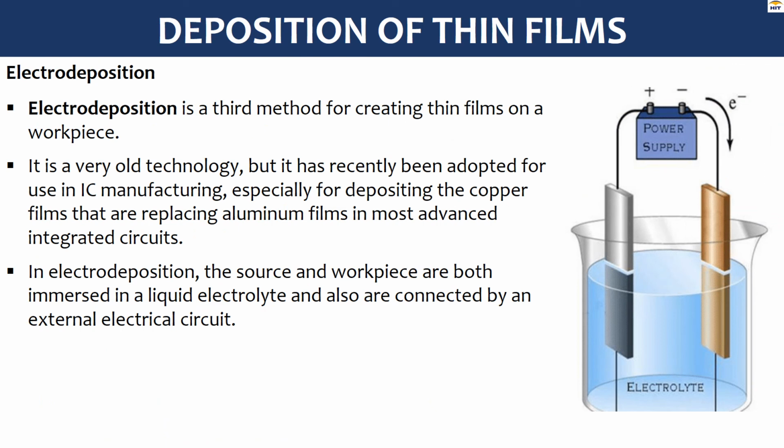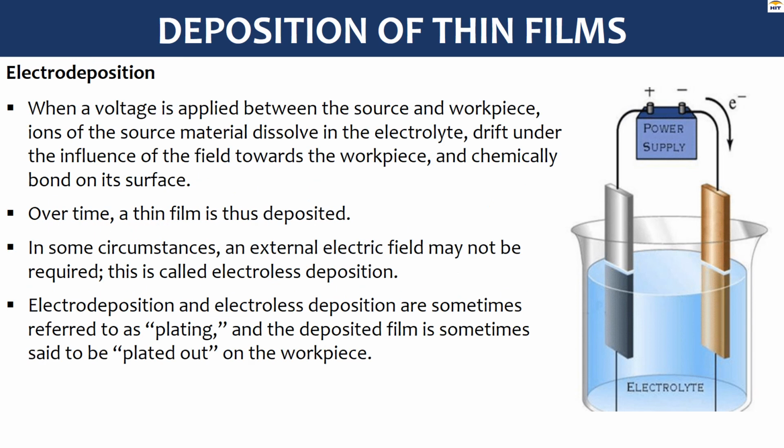Then you've got your electrodeposition, which is a very simple and old technology. Your workpiece and the source are immersed in a liquid electrolyte and connected by an electrical circuit, which is very simple. You apply a certain voltage between the source and the workpiece.